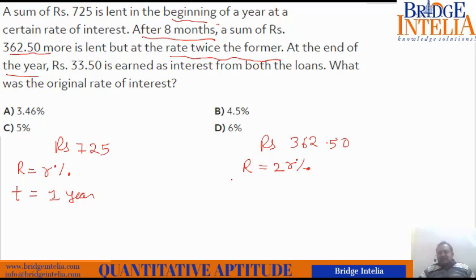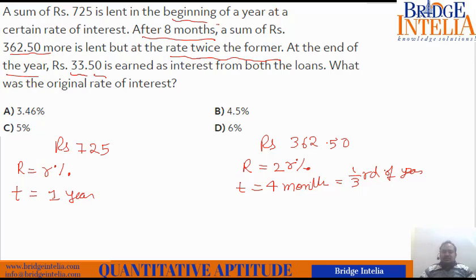So this money was deposited only for 4 months, which is equal to 1/3 of a year. So this is the scenario. The total interest that you have earned is 33.50.